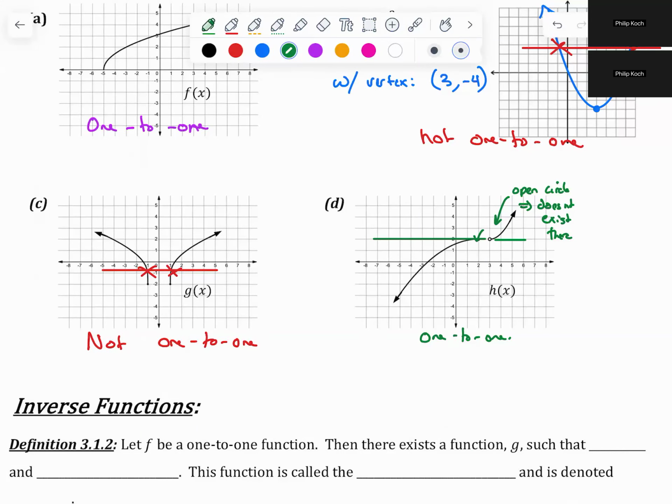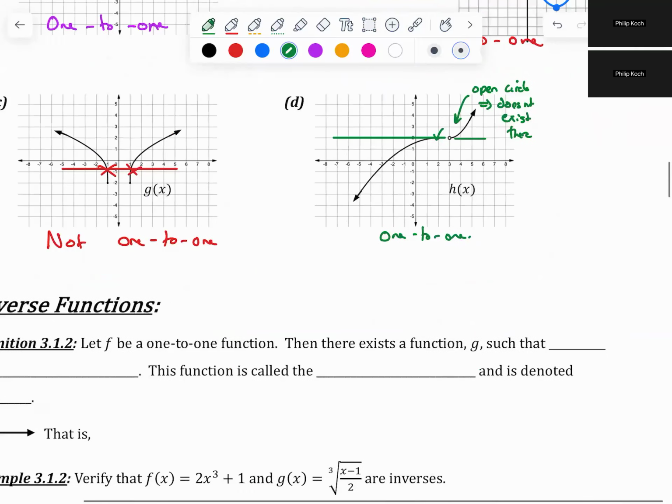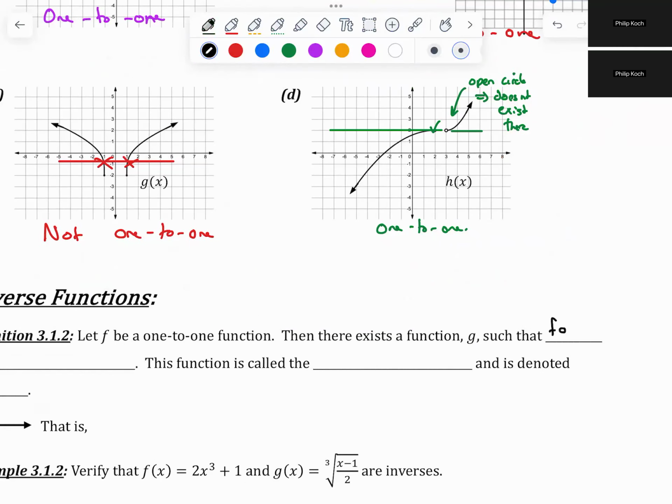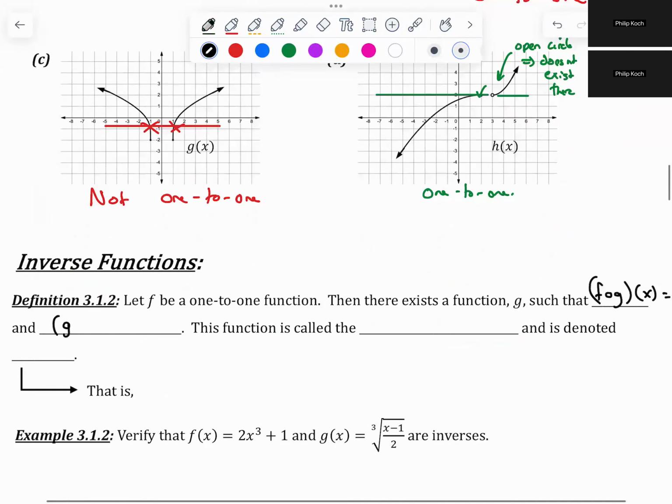If your function is one-to-one, then there exists a function g such that f composed of g of x is equal to x, and g composed of f of x is equal to x.